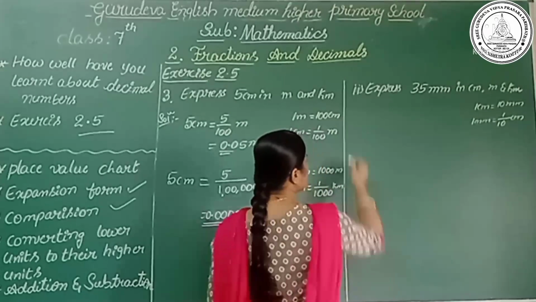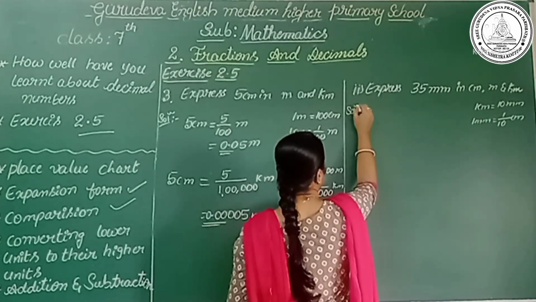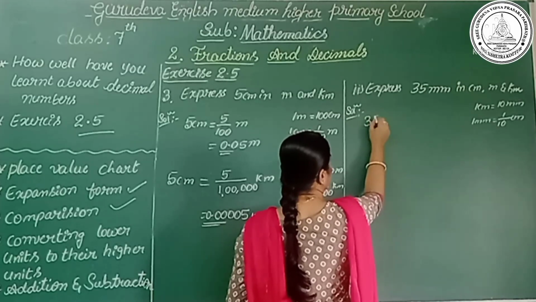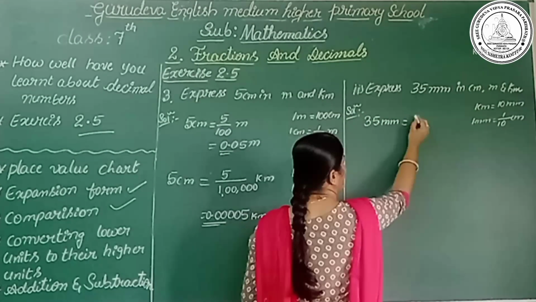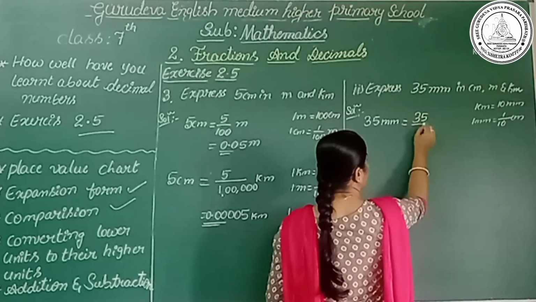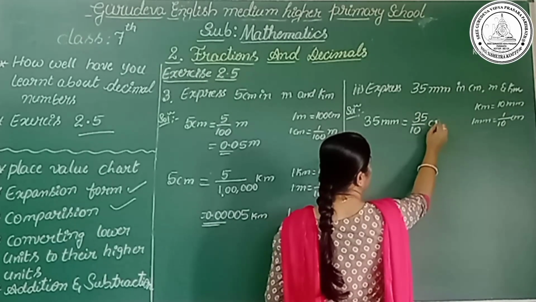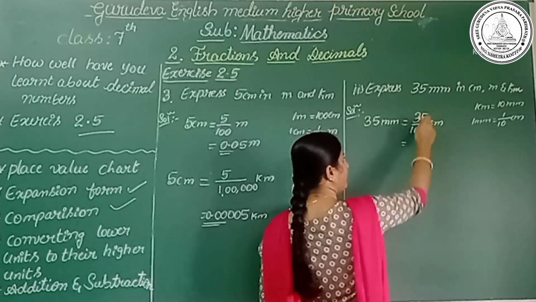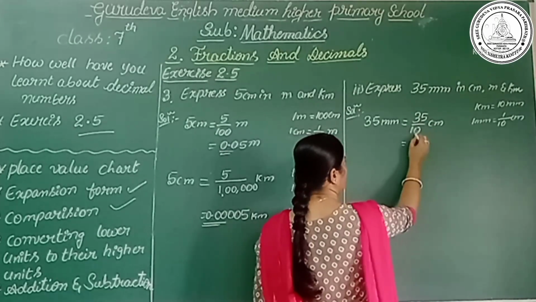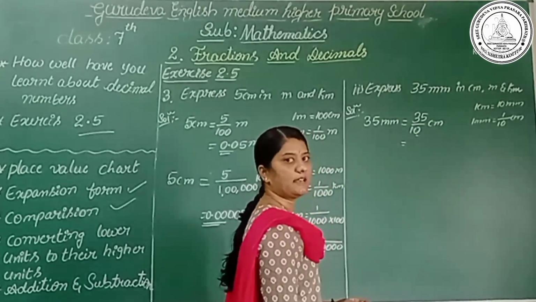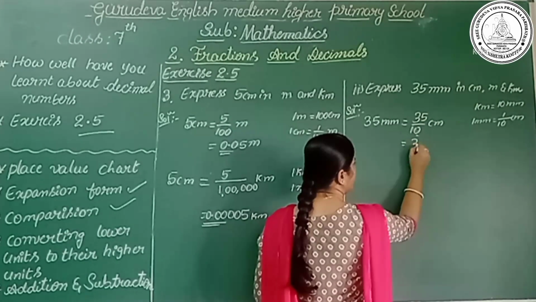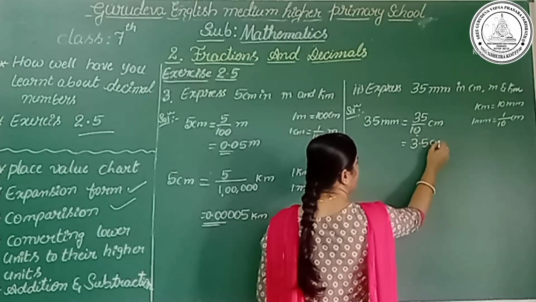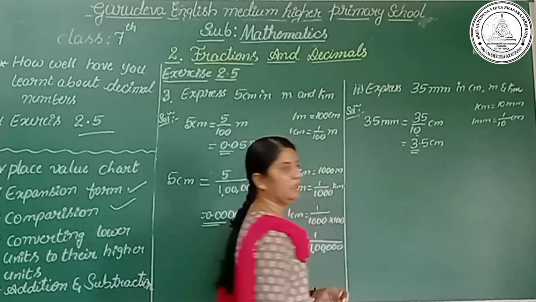So first convert here. 35 millimeter is equal to 35 by 10 centimeter. That means in the denominator there is a 10, it has 1 zero, so after 1 place we have to keep the point. That is 3.5 centimeter. Okay.